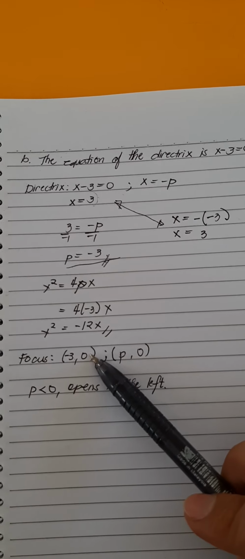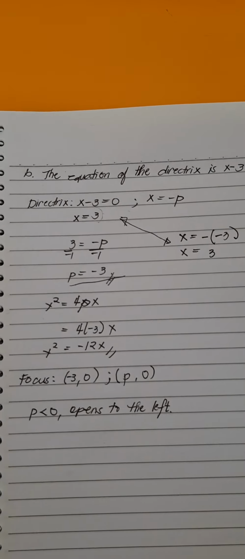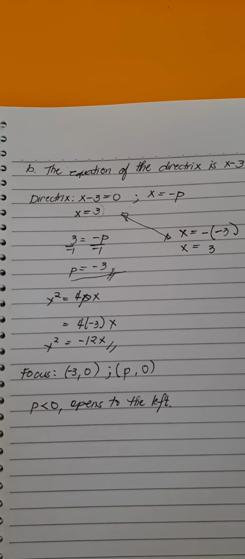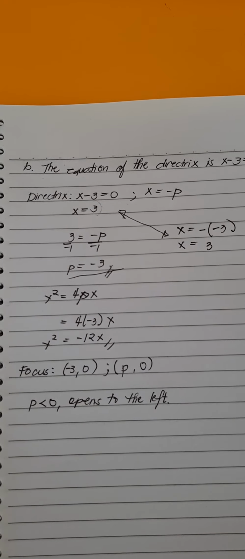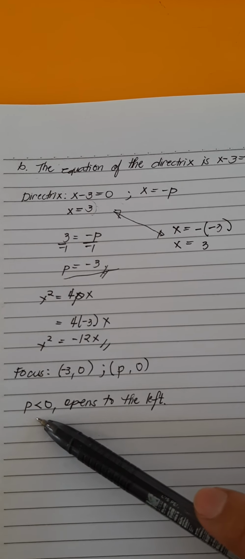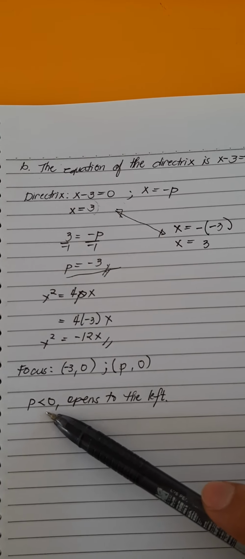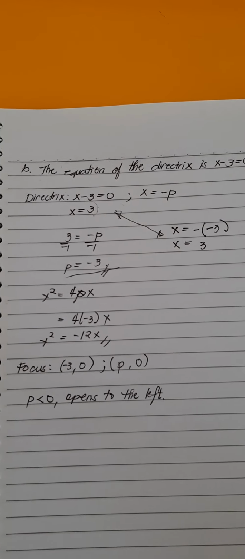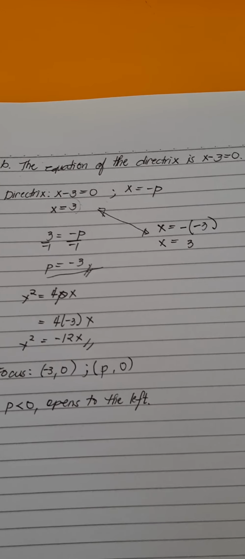And for us to determine the opening of the parabola, again and again, we have to look at the value of p, whether it is greater than or less than 0. So here we have -3. It follows that it is less than 0, and the parabola opens to the left. Is it clear? Very good.